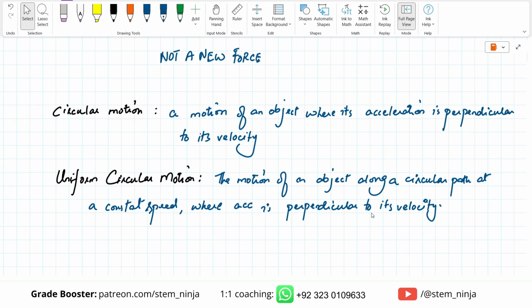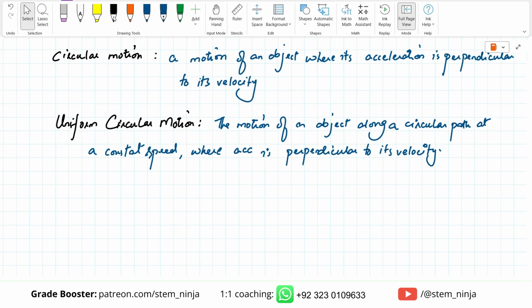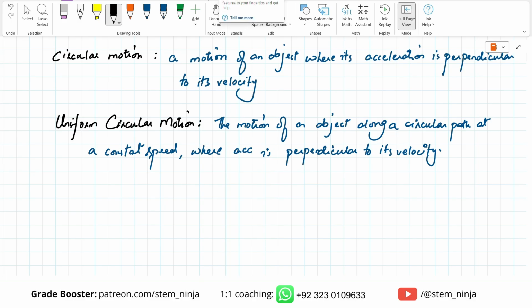Now, something that could be asked about the uniform circular motion. A question that can be asked: if an object is moving at a constant speed, what quantities vary during that?